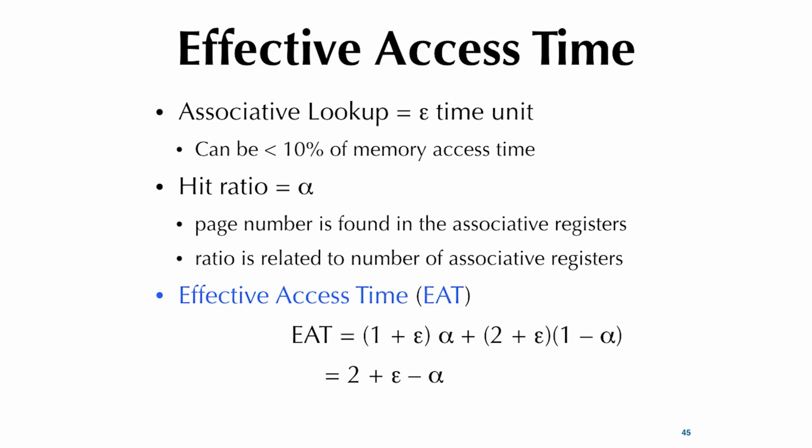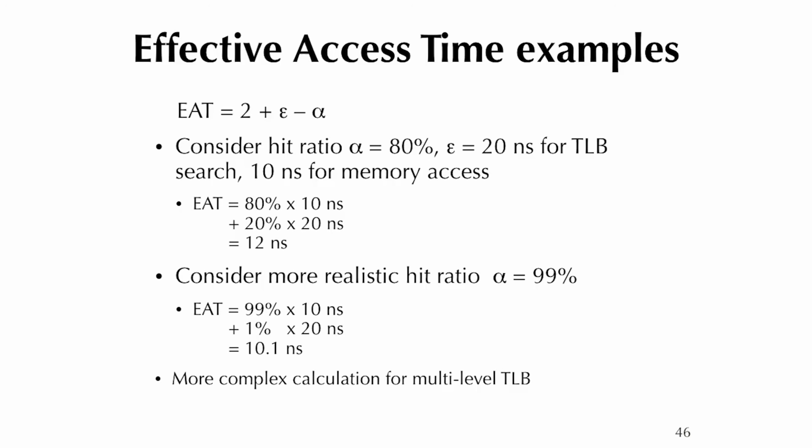Now you can calculate effective time as (1 + epsilon) times alpha plus (2 + epsilon) times (1 - alpha), and that is what you can use to calculate the effective access time. If the hit rate is 80%, epsilon is 20 nanoseconds with the TLB, and memory access is 100 nanoseconds, then working out the formula, your effective access time is 120 nanoseconds, just a little bit more than your memory access.